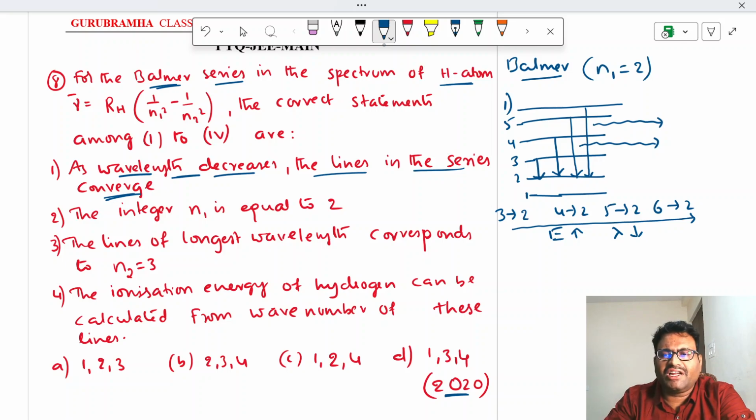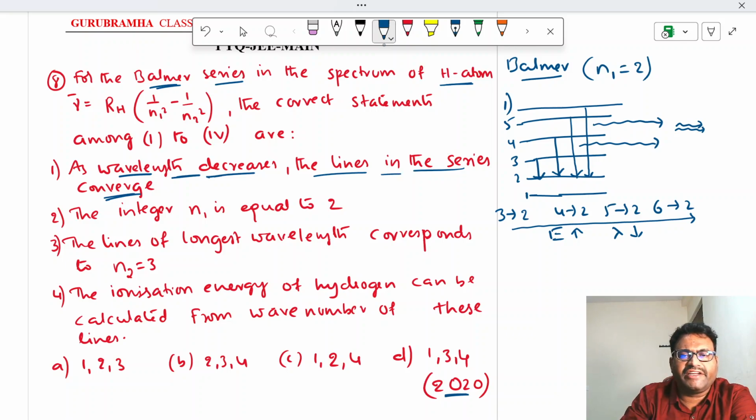As the difference of energies is very much less, the spectral lines become very close. That is the meaning here: as the wavelength decreases, the lines in the series converge, that means they come very close because their energy differences are very much less.